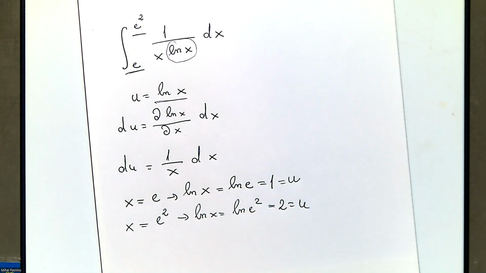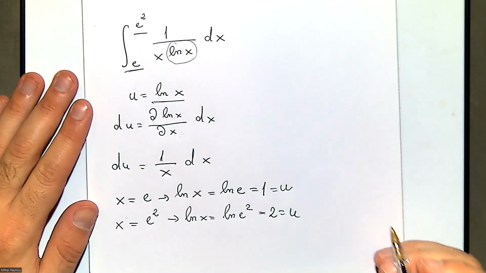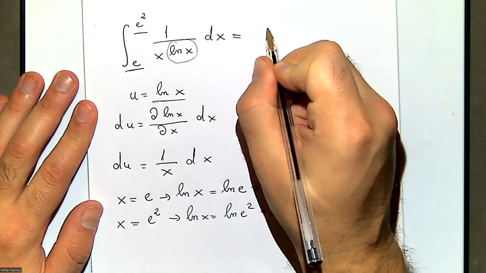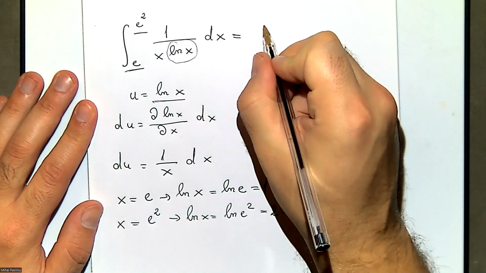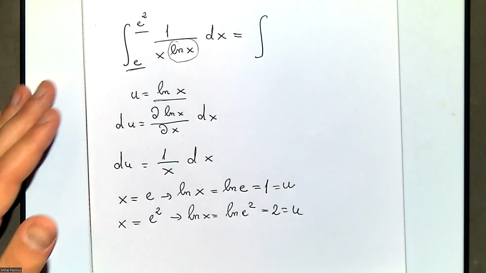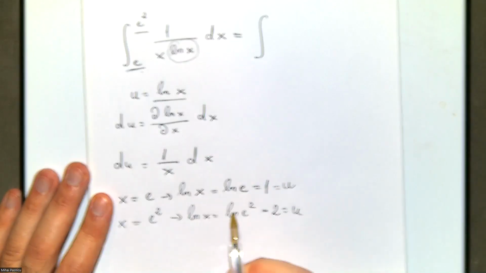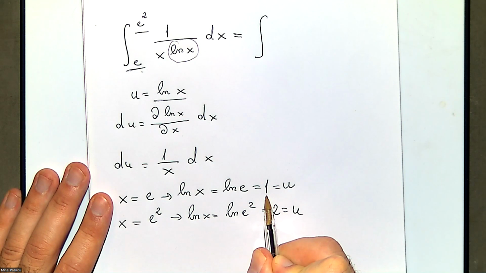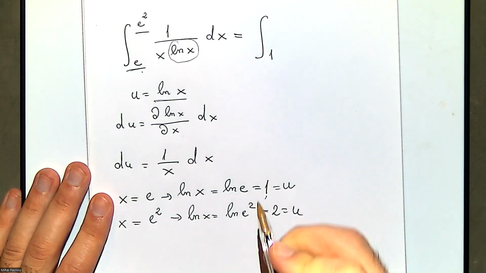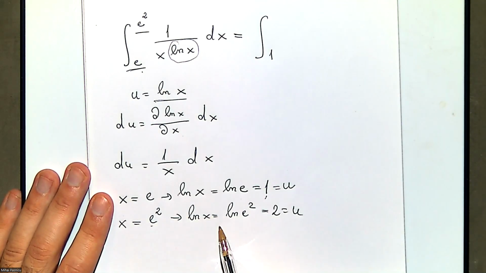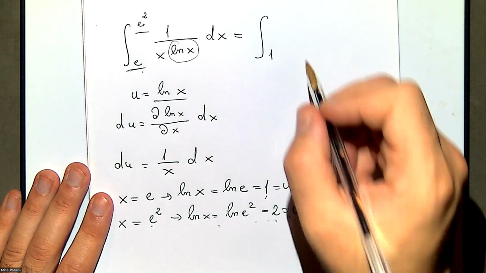That is the only change. And now I can finally replace. Instead of putting e, I'm just gonna put 1. Instead of putting e squared, I'm just gonna put 2.